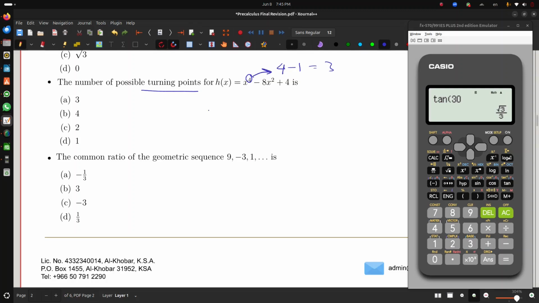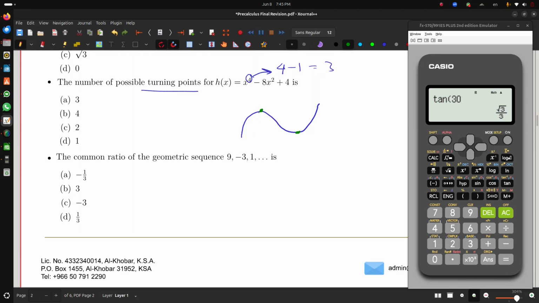What's the meaning of turning points? It's the point where the curve is changing from being increasing to decreasing, or the inverse. Like, for example, this one. This curve is having turning points. This is the first one, and this is the second one.